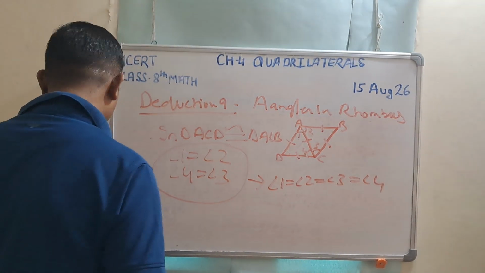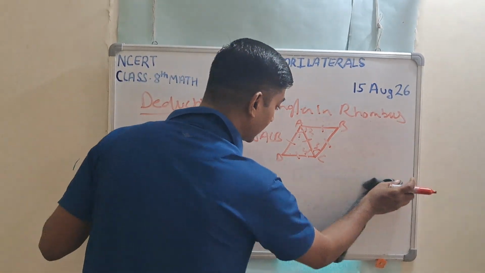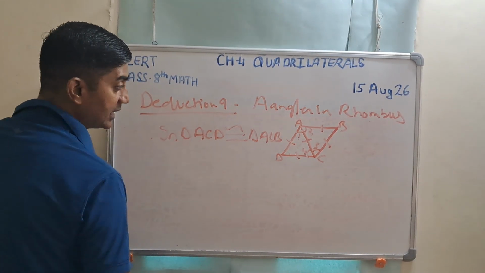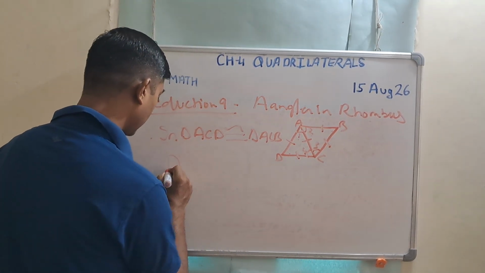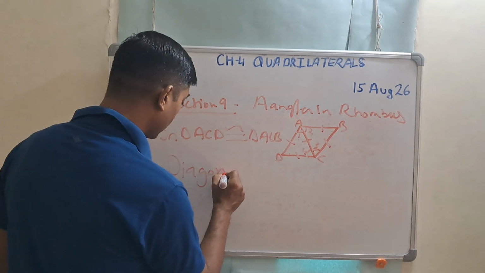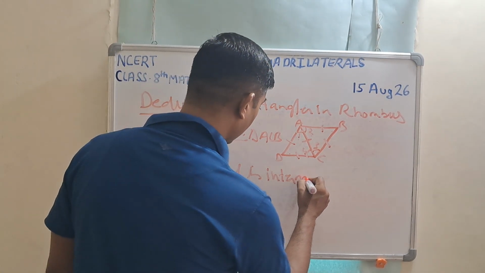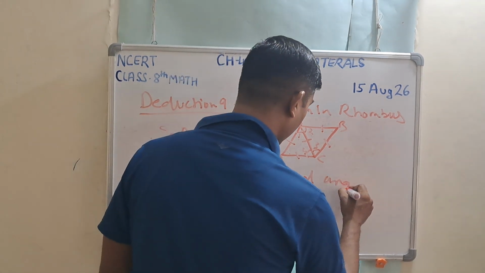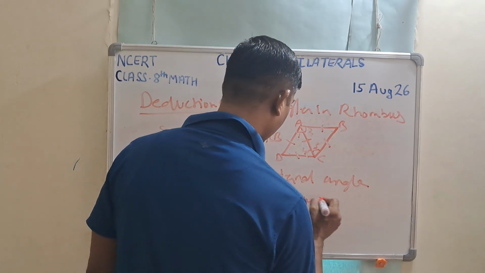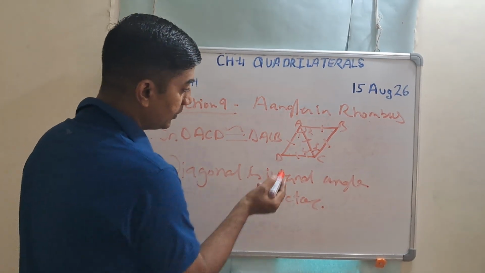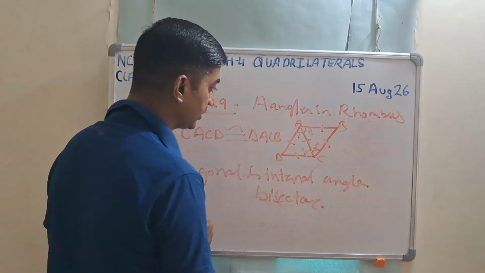This is our conclusion, that the diagonal is the internal angle bisector. Understood? It means a diagonal in a rhombus is an internal angle bisector. It has bisected these two angles.